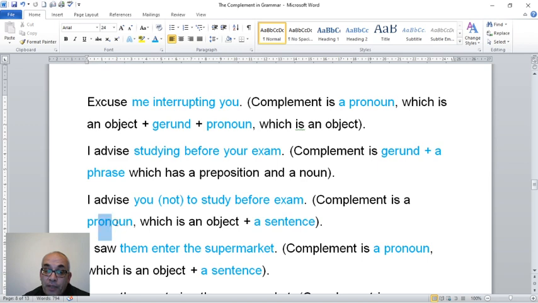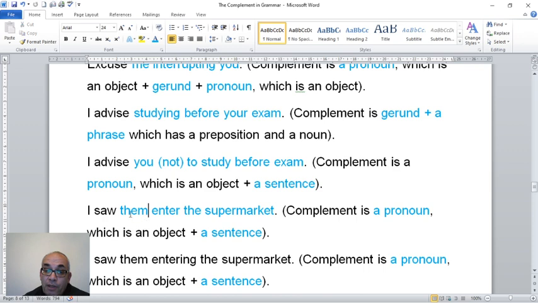You have you as the pronoun, and then you have a sentence, study before exam. So you is the pronoun, it's an object, and this is the object. And then we have a sentence, this one is the sentence.